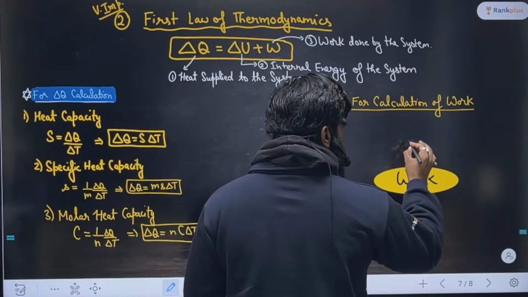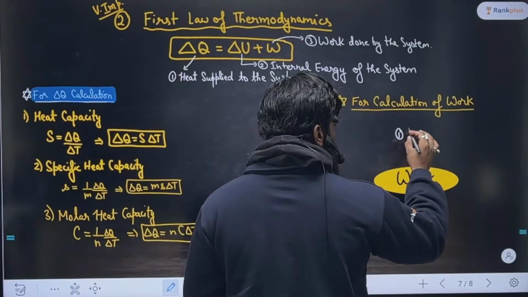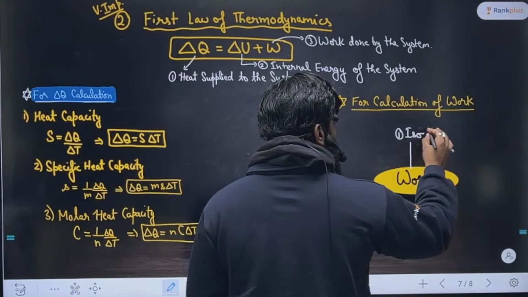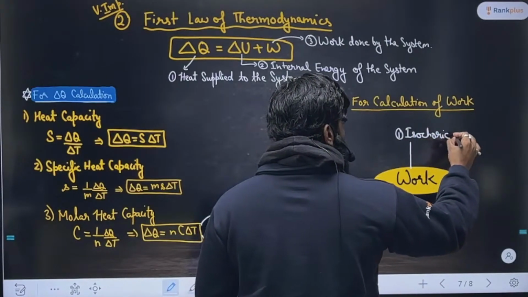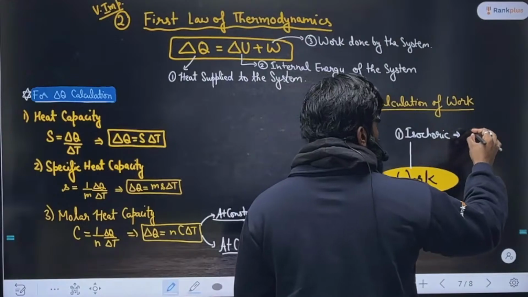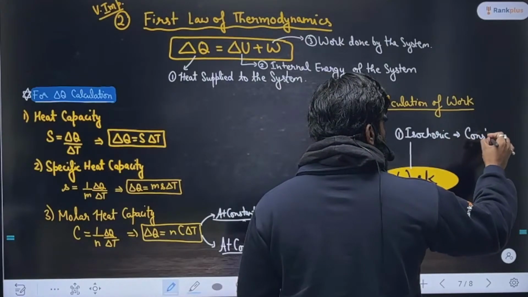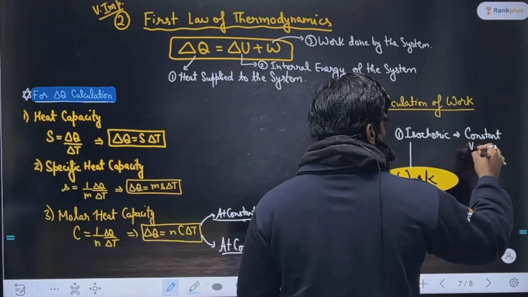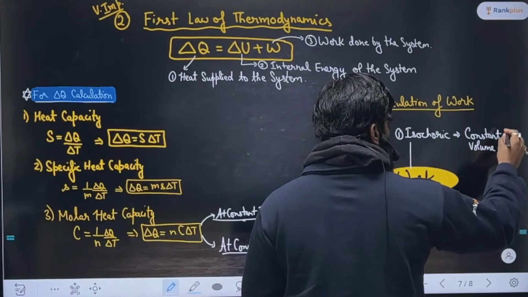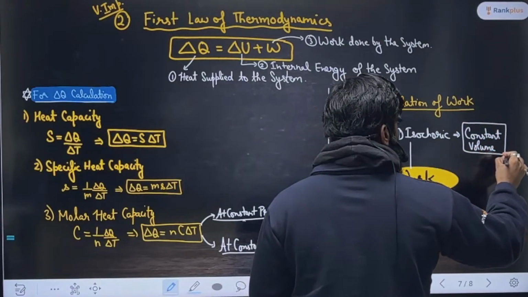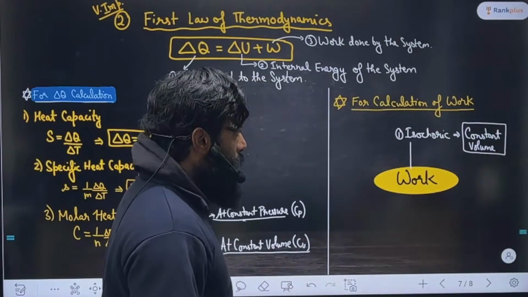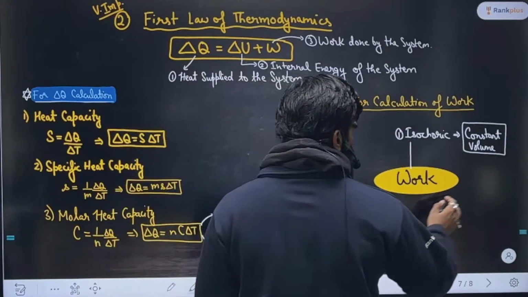The first process is isochoric. In isochoric, we say that the volume is constant. We have constant volume. Okay, for isochoric, we say that we have constant volume.